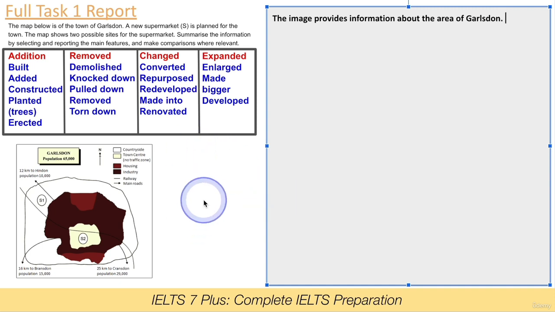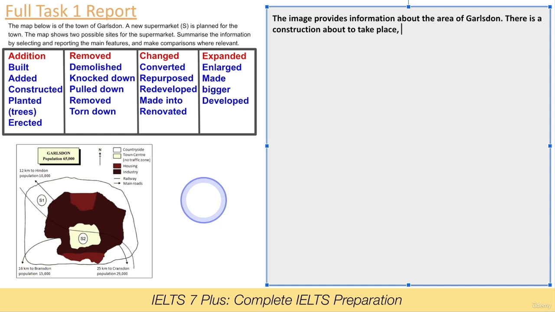A new supermarket is planned for the town. Ooh. How about there is a construction about to happen or take place.